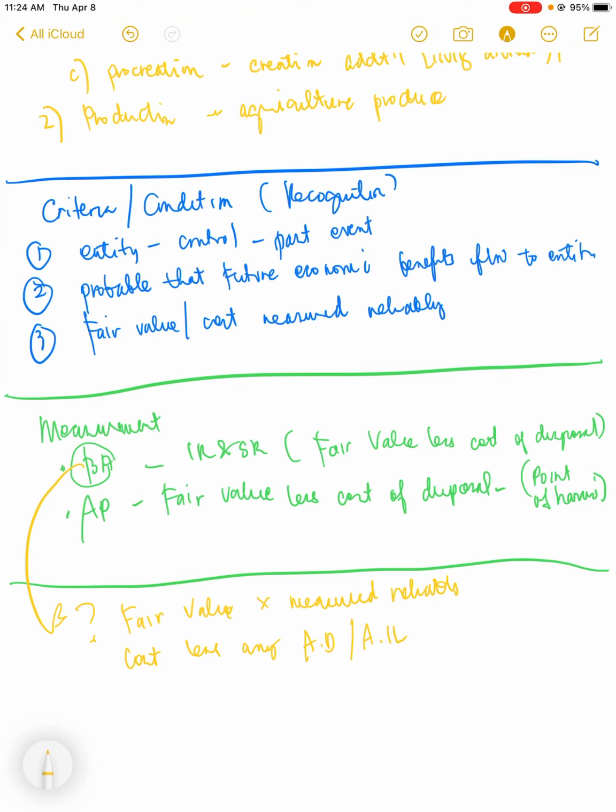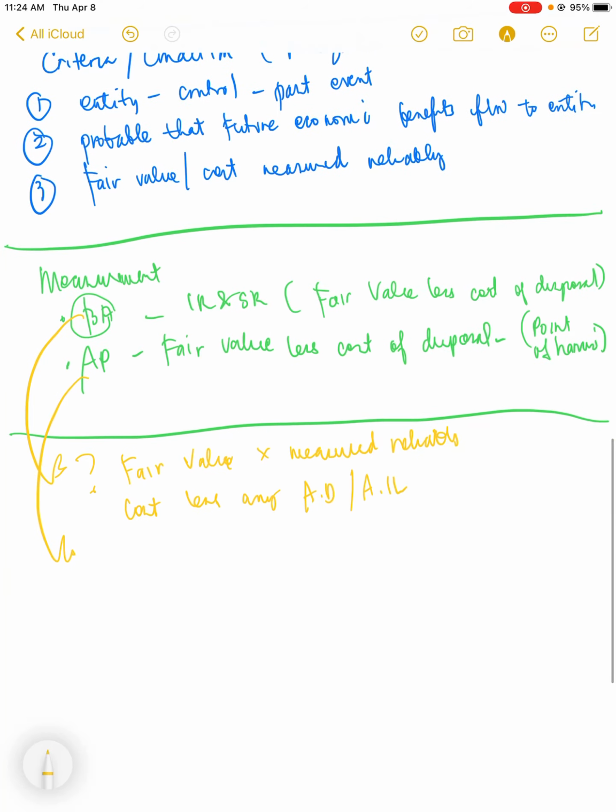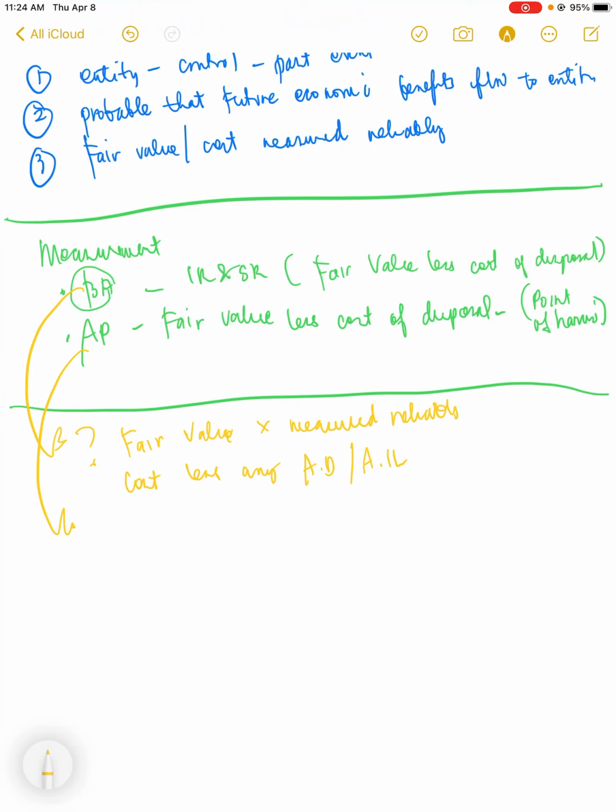Okay? So, in terms naman po of agricultural produce, pag-usapan natin sa agricultural produce in detail. So, as mentioned, its initial recognition is at fair value less cost of disposal. And as mentioned here, the fair value must be at the point of harvest. Now, this is initial recognition. Okay?